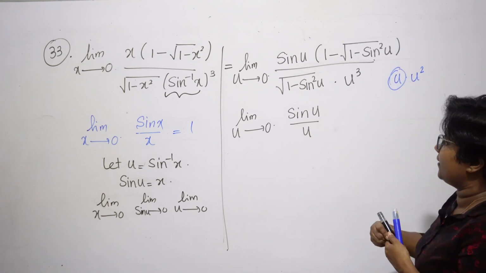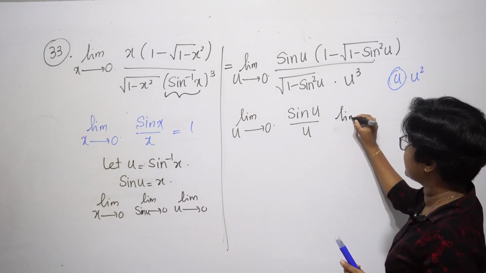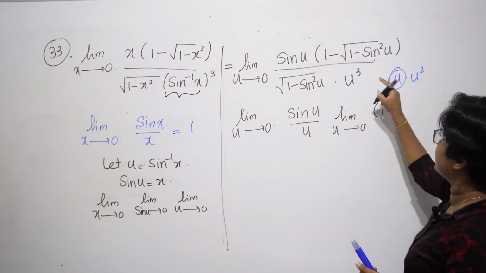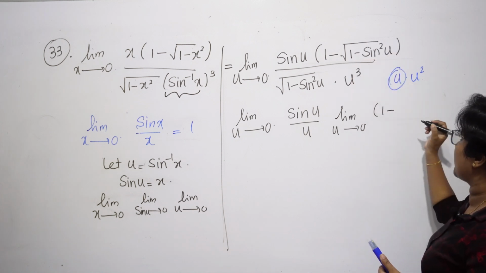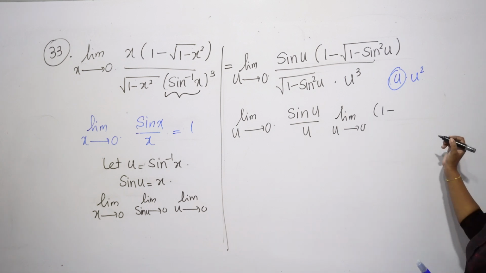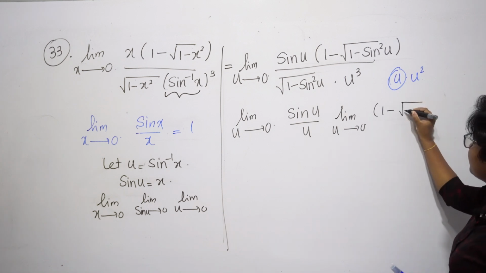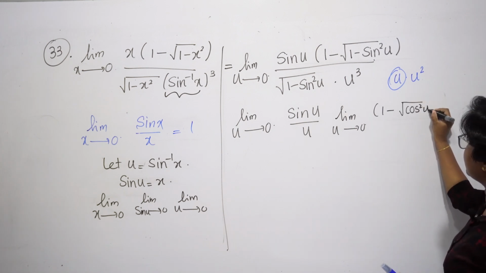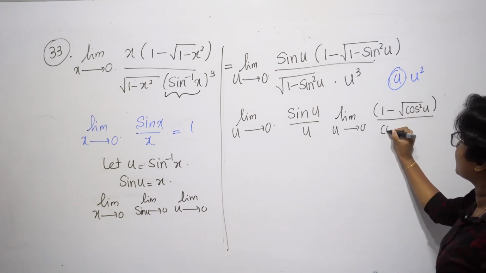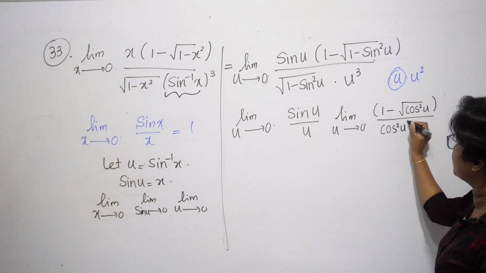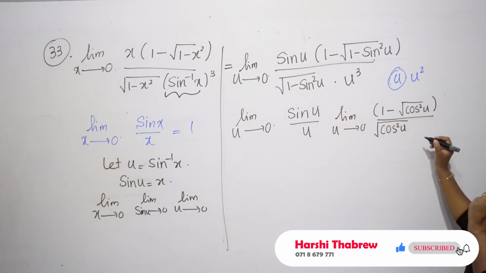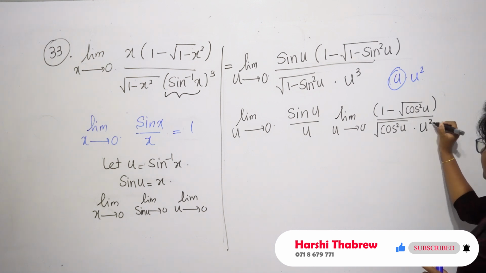Then the limit as u approaches 0 of 1 minus the square root of 1 minus sine squared u. That is the square root of cos squared u, over the square root of cos squared u, and for that you can write u to the power 2.